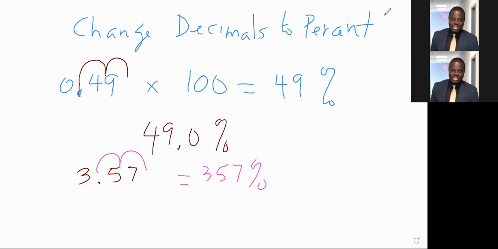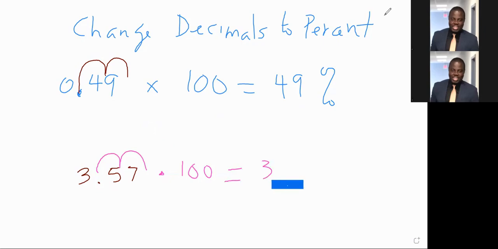Or you write it out: 3.57 times 100, and that gives me 357. And then you put your percent sign on there.